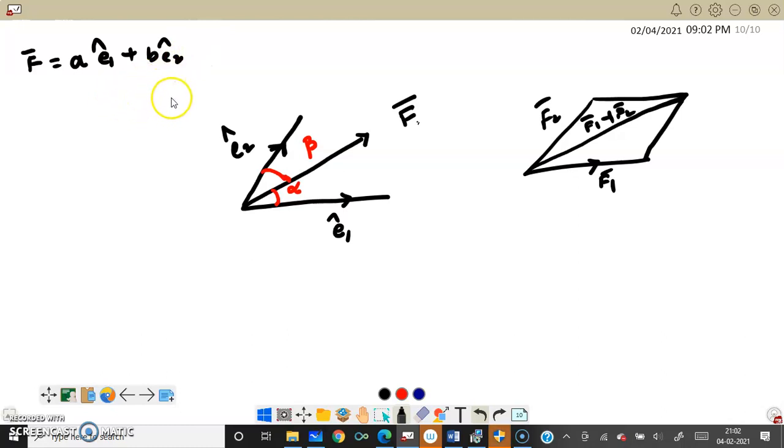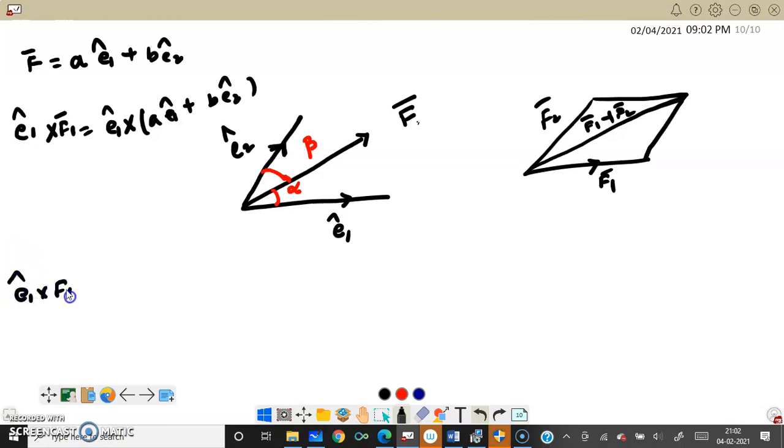So multiply vectorially E1 on both the sides. Which side we are multiplying is also important, right? I will be multiplying on the left hand side, E1 cap cross F. This will be E1 cross this full A E1 plus B E2, right? What will it become?